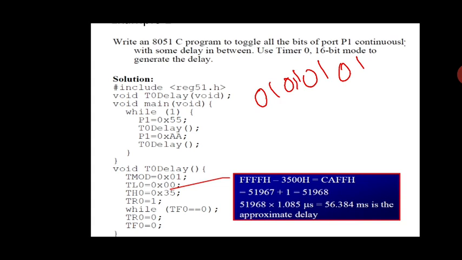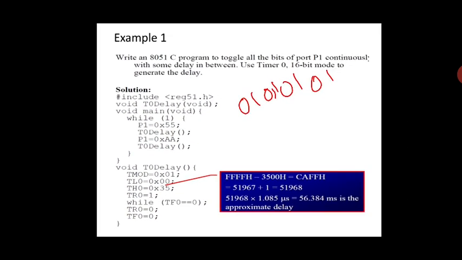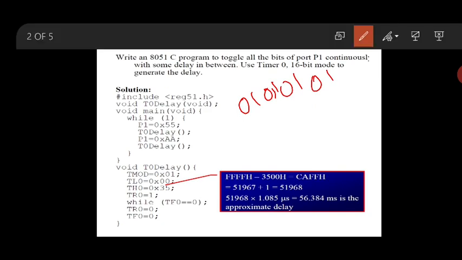Because I'm using the lower bits for timer 0, it will be set with 1, that is 0 1 0 0. TL0 will be loaded with 00, TH0 will be loaded with 35.